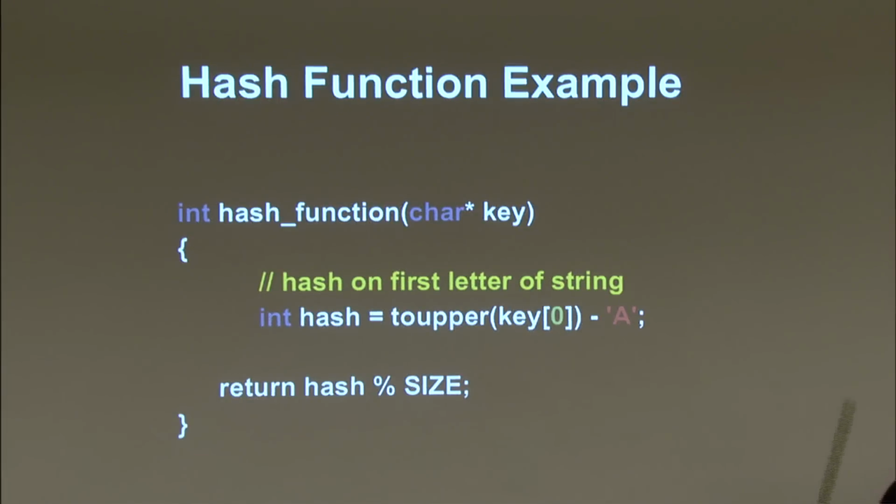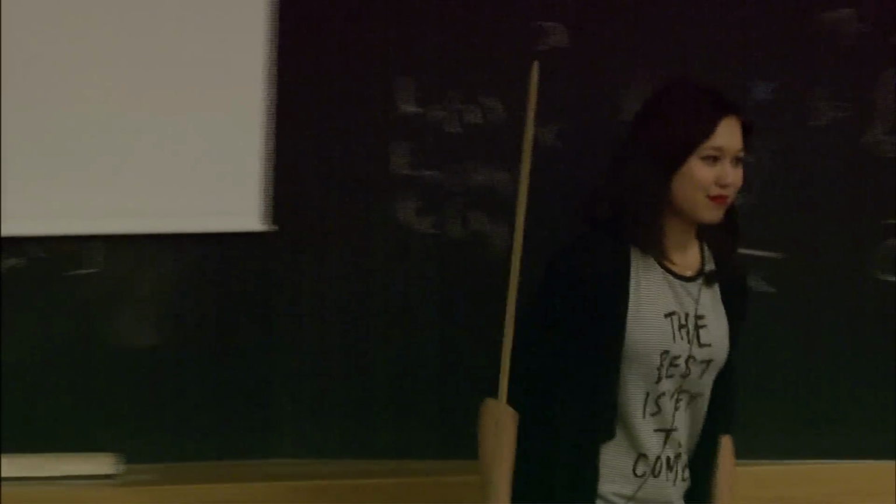Many of these hash functions return values that might be far above the number of buckets you actually have, so you need to mod by that. Otherwise, it's going to say it should be in bucket 5,000, but you only have 30 buckets in your hash table, and of course that's going to result in some crazy errors. So make sure to mod by the size of your hash table.